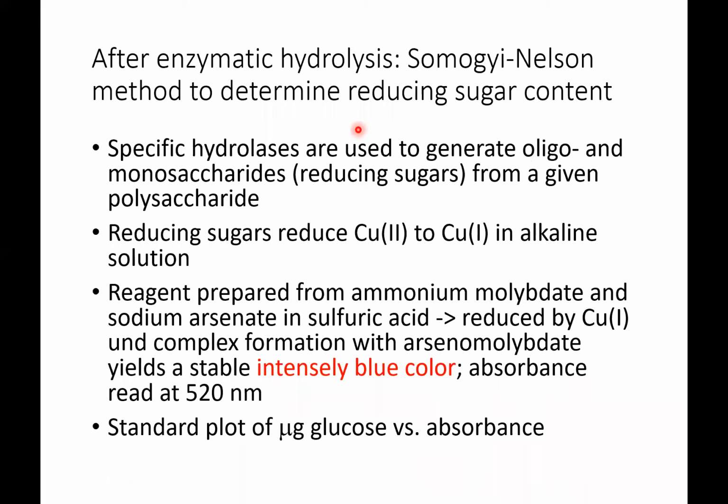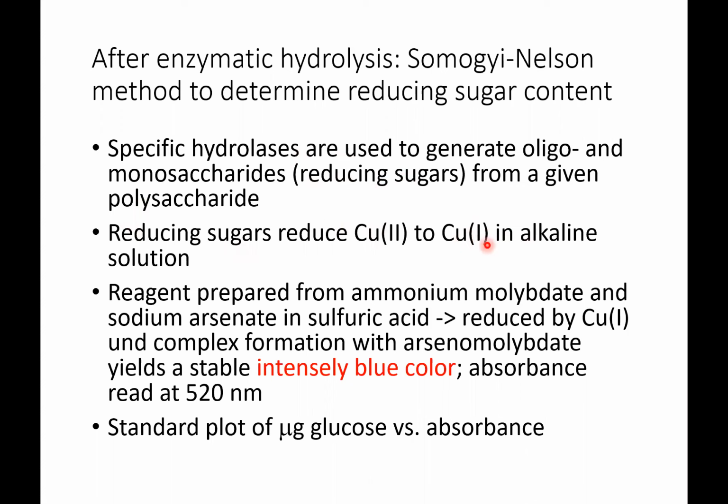Okay, after enzymatic hydrolysis, you can determine the reducing sugar content. Specific hydrolyses are used to generate oligo- and monosaccharides with reducing ends. These reducing sugars reduce copper 2 to copper 1 in alkaline solution.